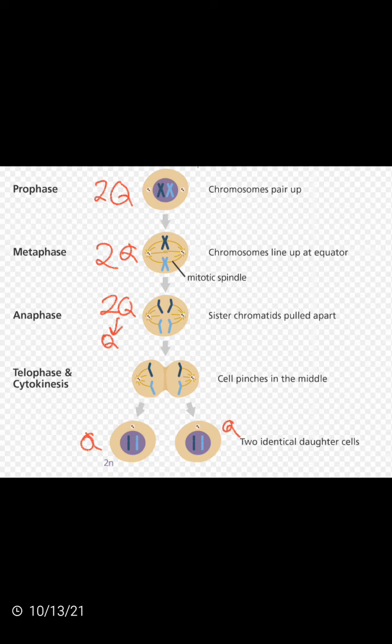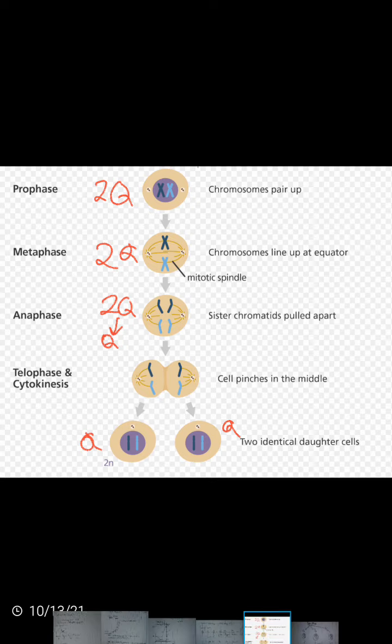In the prophase, we reach 2Q, which means that the cell prepared itself during interphase. In G1 it was Q, in the S it was Q going to 2Q, being doubled, replicating. In the G2 phase we have 2Q. So the cell is ready to divide. We enter the prophase, the first phase of mitosis, with 2Q, double the quantity of DNA.